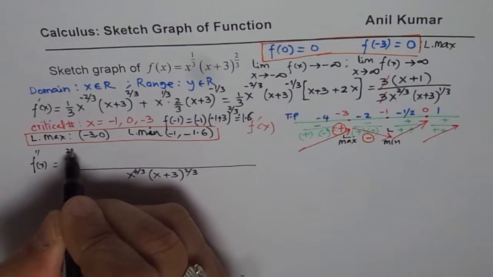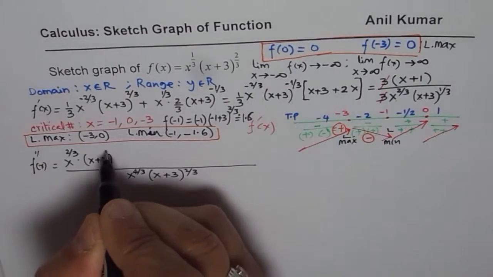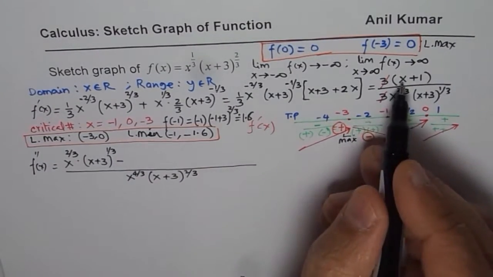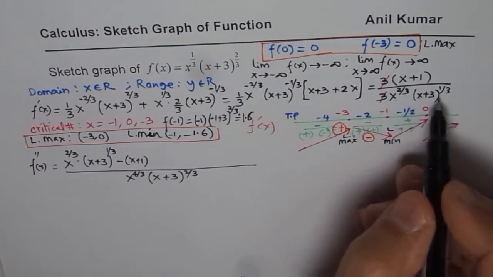I get x to the power of 2 over 3 times x plus 3 to the power of 1 over 3, right? So that is the first term minus. Second term is x plus 1 times derivative of this. We'll apply the product rule.